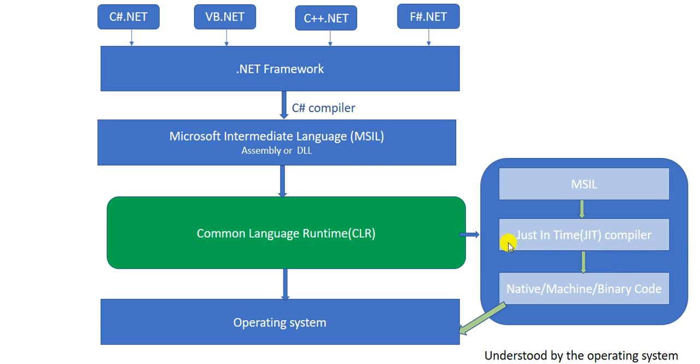So when the MSIL is converted to native machine or binary code, that is understood by the operating system. So then the cycle keeps on going. Okay, so you type in the code, the cycle keeps going and going, just like that.